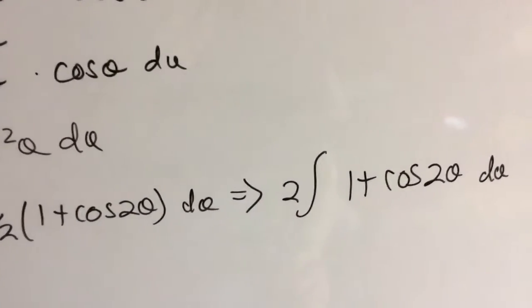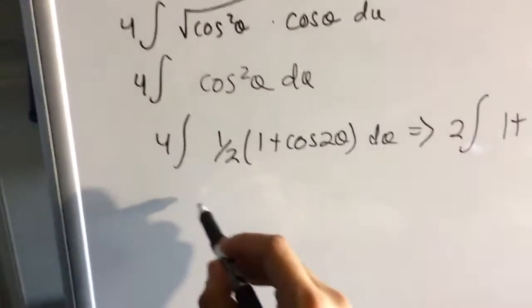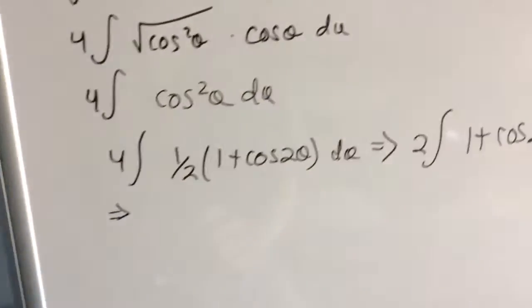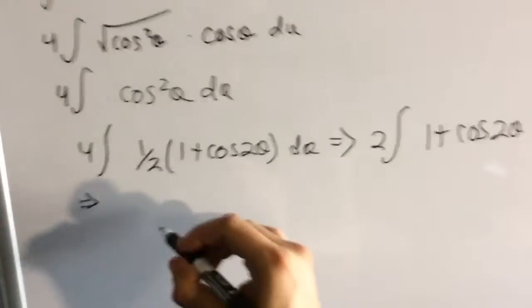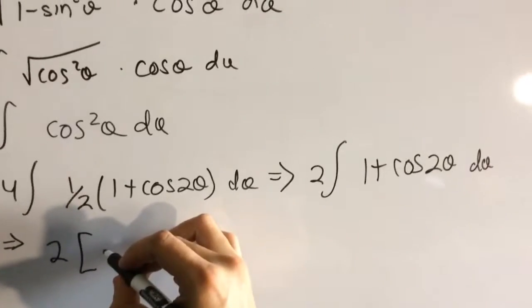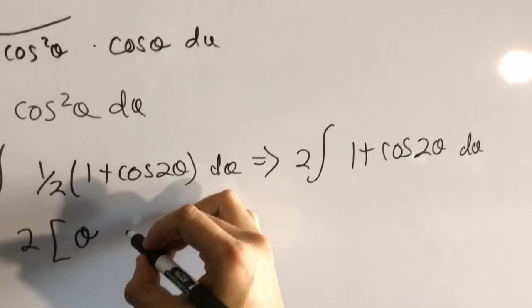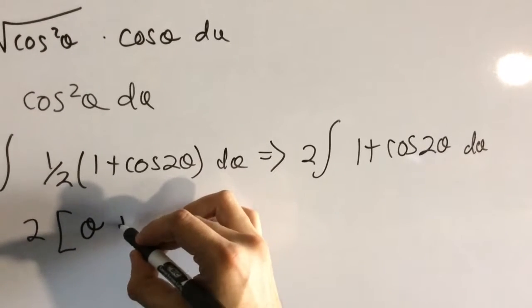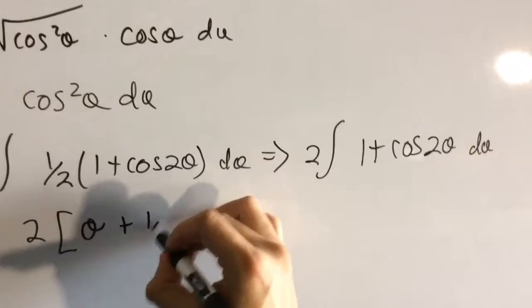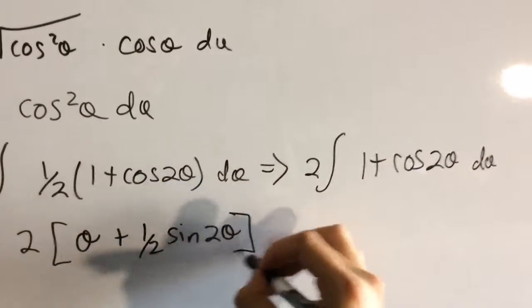Okay, so now we can integrate. We have 2 times theta plus the integral of cosine 2 theta, which is 1/2 sine 2 theta.